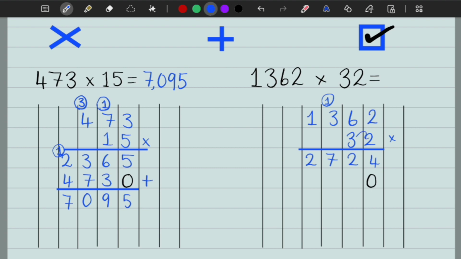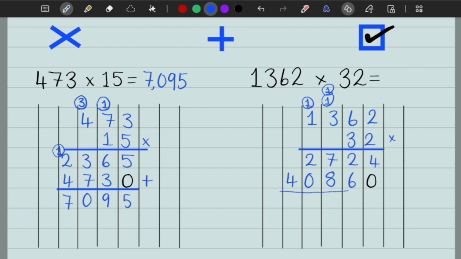So let's do those. 2 multiplied by 3 gives me 6. 6 multiplied by 3 is 18. I'm going to put a 1 up here again and put my 8. Then I've got 3 multiplied by 3, which is 9. Add my 1, which is 10. I put the 0 here and the 1 from the 10 above. 1 multiplied by 3, which is 3. Add the 1, gives me 4.